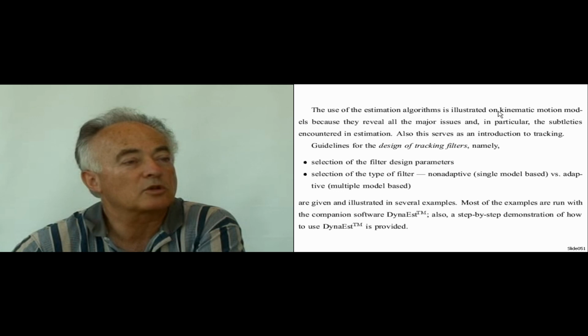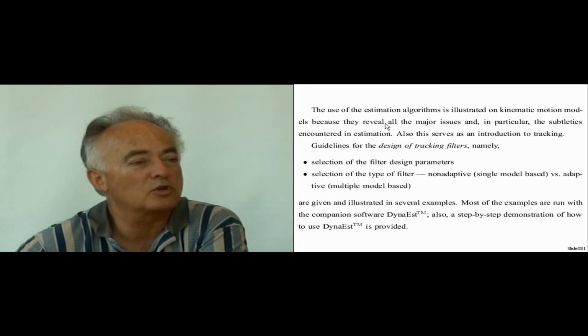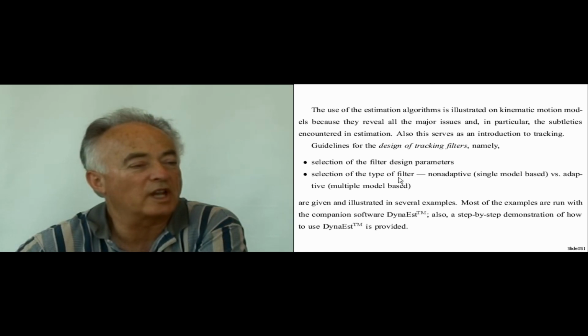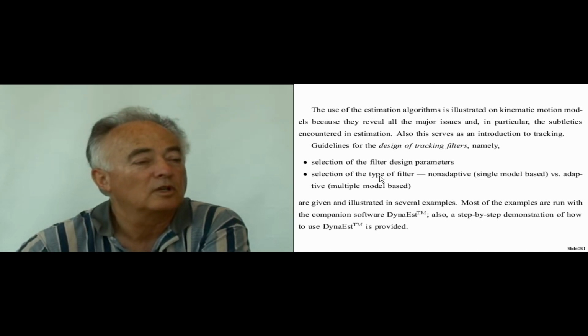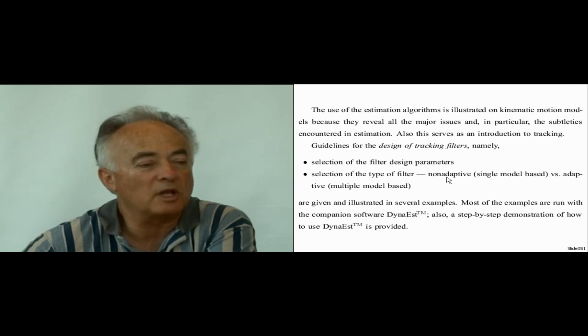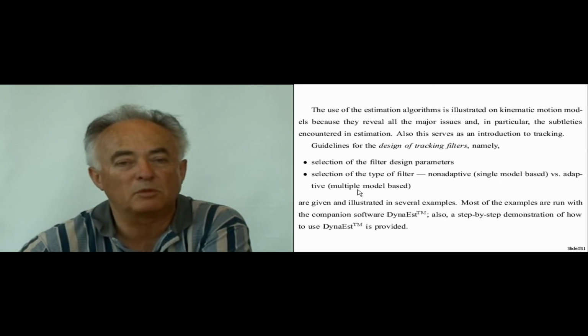We'll illustrate estimation algorithms on kinematic motion models because they reveal most of the major issues and subtleties encountered in estimation. We'll provide guidelines for the design of tracking or state estimation filters, namely selection of the filter design parameters, but more, one level above it, selection of the type of filter, which will be in this case either non-adaptive, namely based on a single model, versus adaptive, based on multiple models.